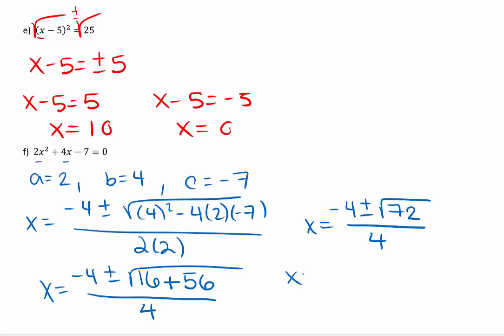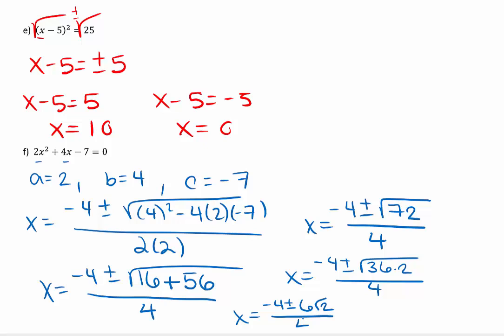And I think we can simplify this because 72 is 36 times 2, and 36 is a perfect square. That would be negative 4 plus or minus 6 root 2 over 4. So I actually have a common factor of 2 here.